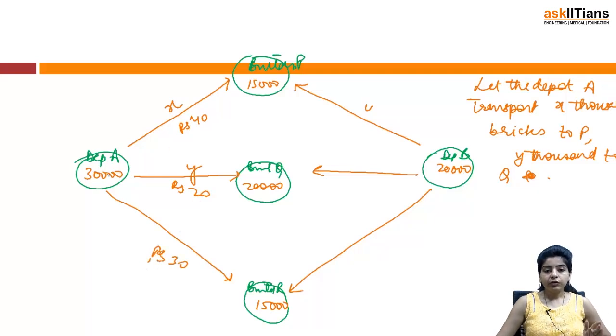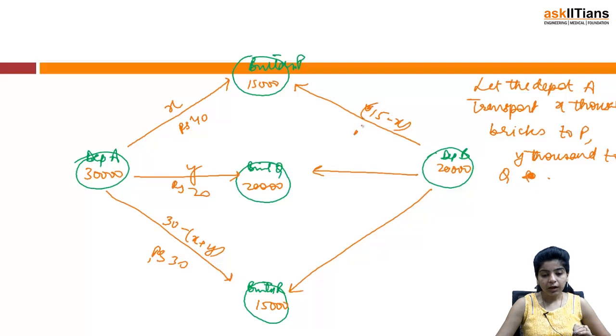Depot A's capacity was 30,000, and it is transporting x thousand to P and y thousand to Q. So the remaining, 30 minus (x plus y), will be transported from A to R. I take 30 and not 30,000 because x and y are in thousands. The requirement of P was 15,000, out of which x thousand it has already obtained from A, so it will be 15 minus x.